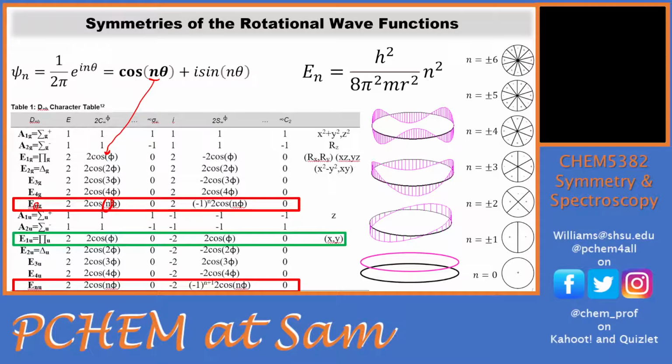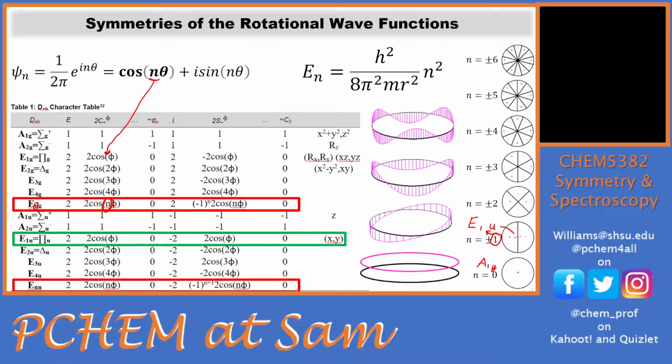And then we have xy polarized light is E1u. So we can come up with our selection rules using this. So we can come over here and we can assign our quantum numbers. The first one, again, is A1g. But the second one here, n equals plus or minus 1, it is u because of the inversion center. And it's E1 because it's state number 1. So this 1 goes right there.